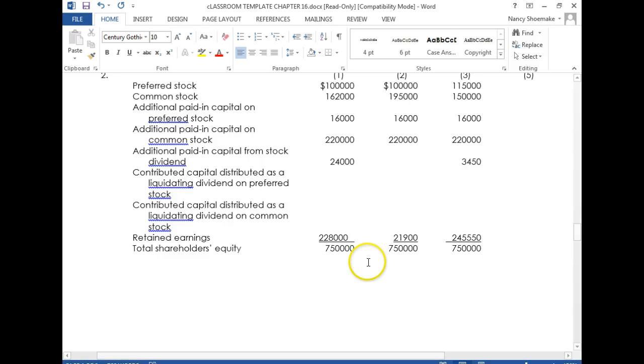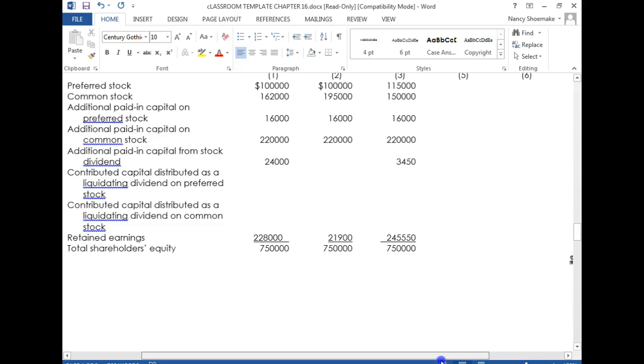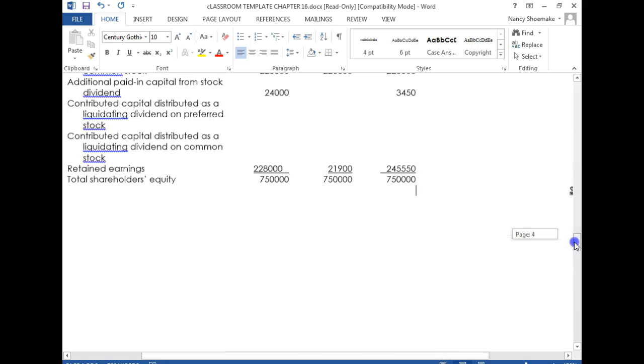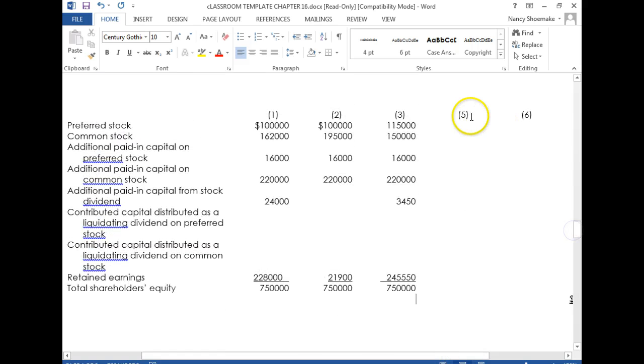Okay. Number 4. What happens with number 4? Did preferred stock change? Nothing changed, did it? Remember we just did a memo, just noted that the par value changed?